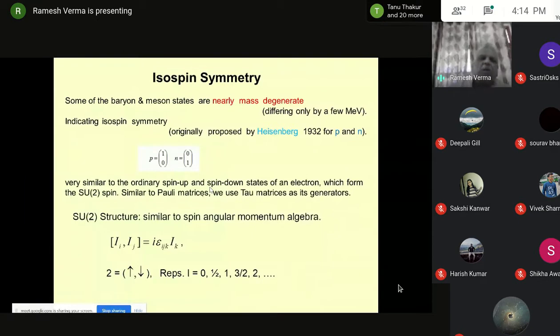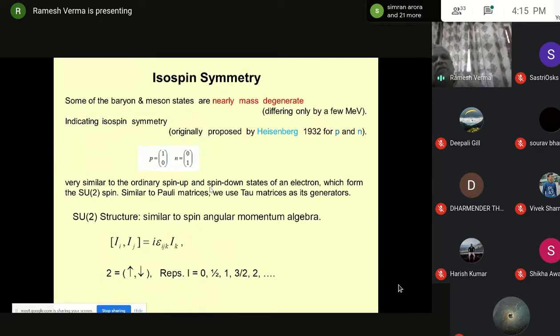We want to enlarge the symmetry. That means we combine isospin with ordinary spin. So therefore we will need the same matrices at two places, and it is better to use different symbols. So sigma matrices are the standard Pauli matrices, and the same matrices we name as tau matrices, which act as the generators of isospin transformations. I hope everybody is following, but your questions are always welcome.